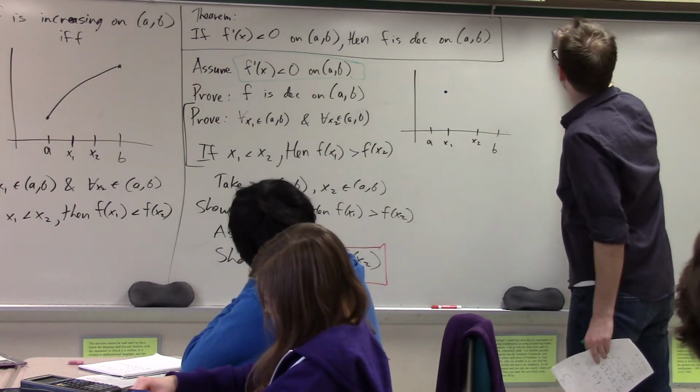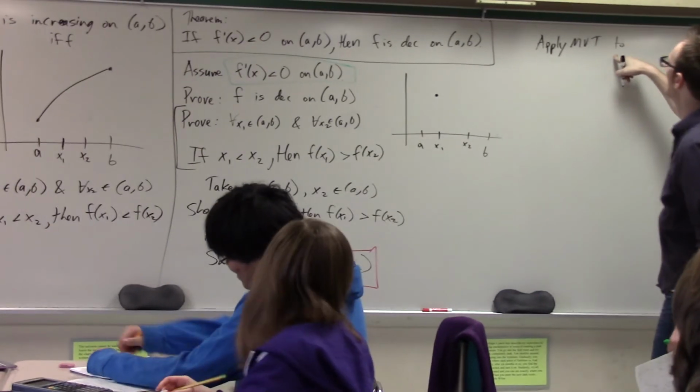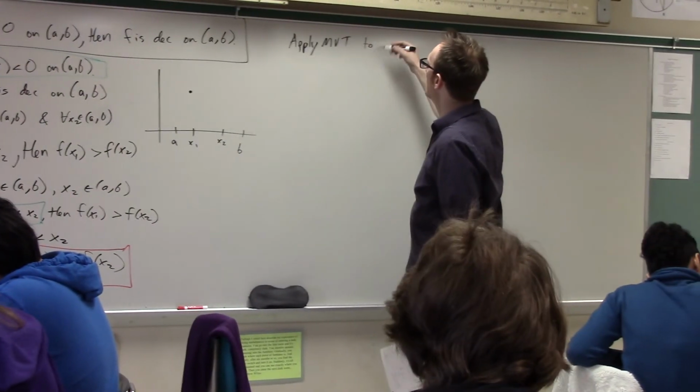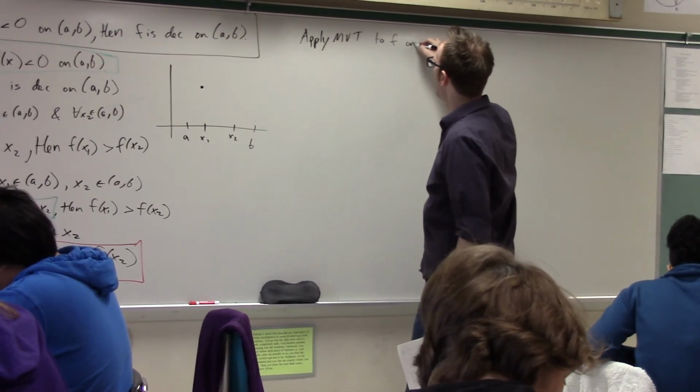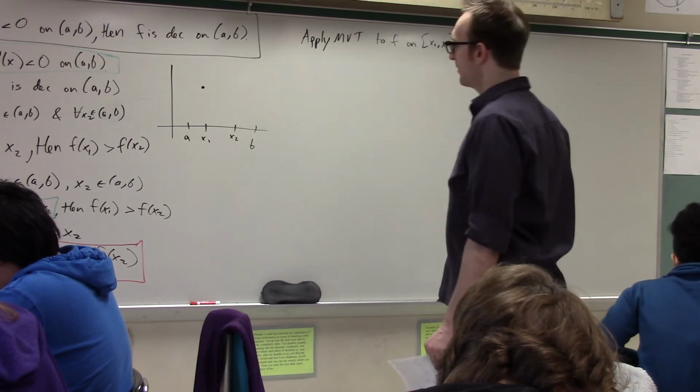Yeah, let's just do it, right? So we just do it. So apply the mean value theorem. Apply the mean value theorem to f on the interval x1, x2. If we do that, what do we get?